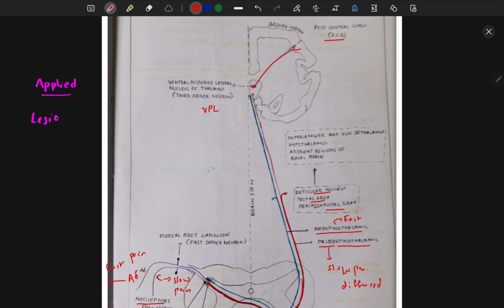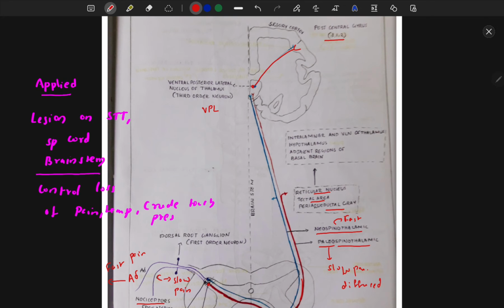If there is a lesion of the spinothalamic tract, at the level of the spinal cord or the brain stem, there will be contralateral loss of pain, temperature, crude touch and pressure, because these sensations are all carried by the spinothalamic tract, and you can see that the spinothalamic tract crosses at the spinal cord level.